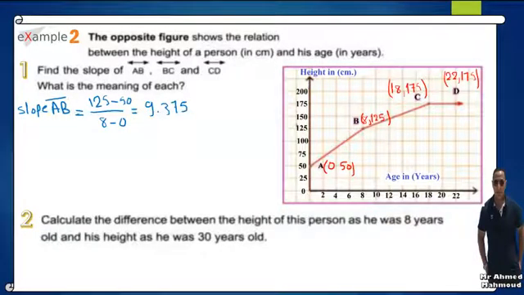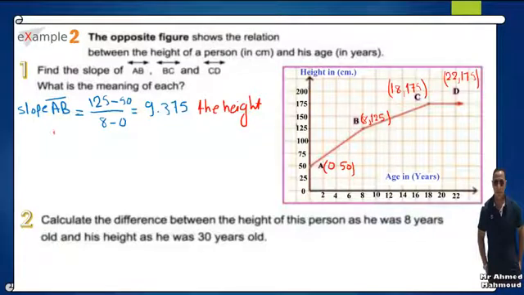That means the height here increases, because the slope is positive.